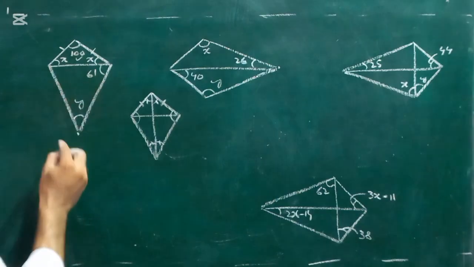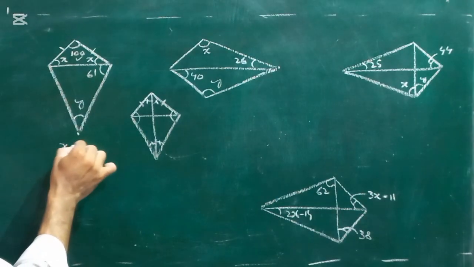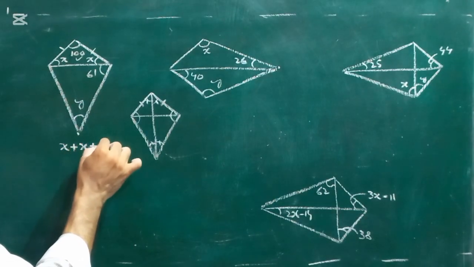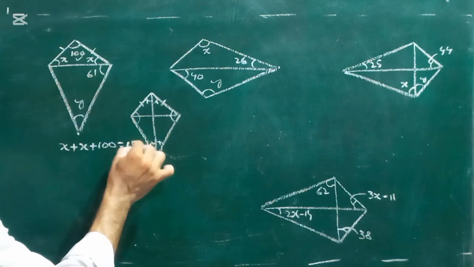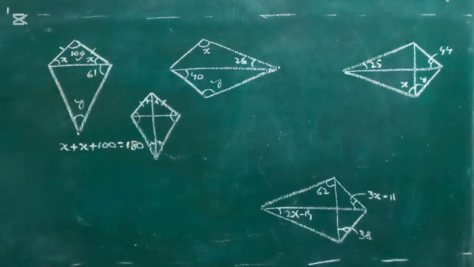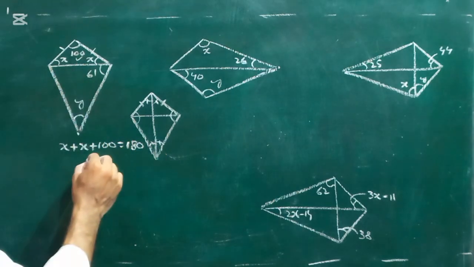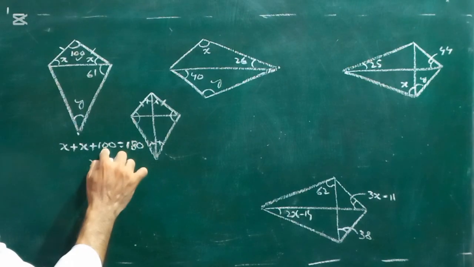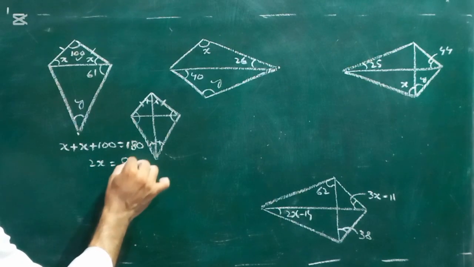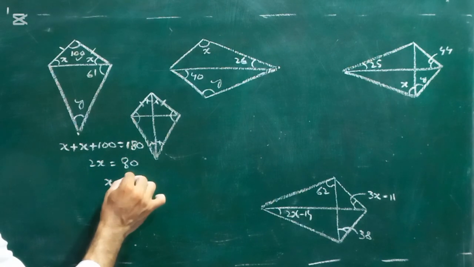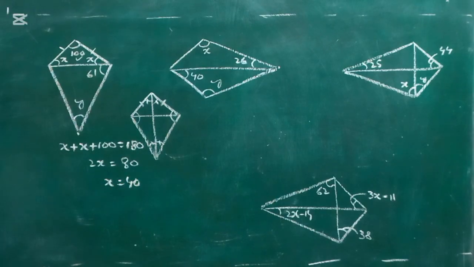Now in this triangle, x plus x plus 100 should be equal to 180, because the sum of the angles of a triangle is 180 degrees. So 2x will be equal to 180 minus 100, and then x will be equal to 40.